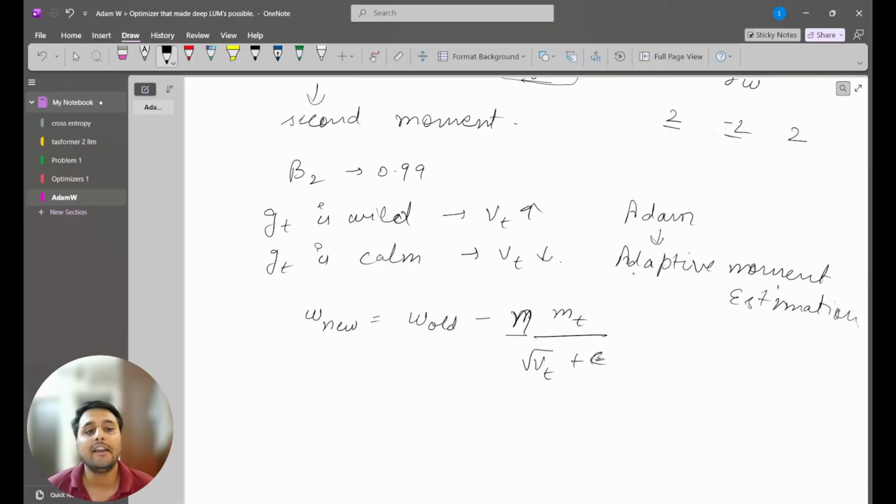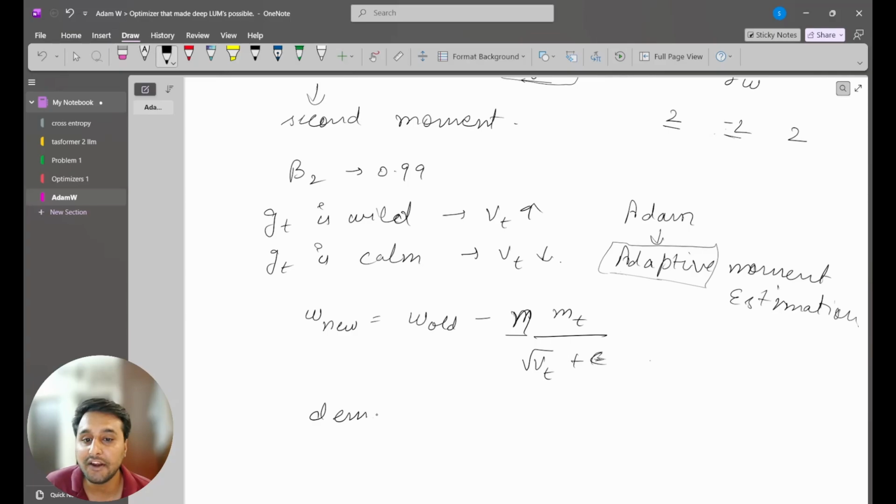So why are we saying adaptive? Because it behaves differently. When the gradient is wild, VT is also bigger, and this is present in the denominator.